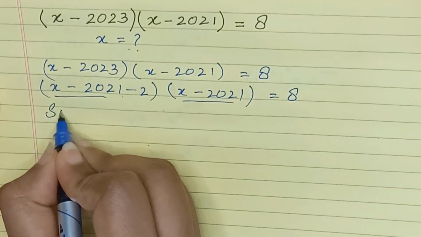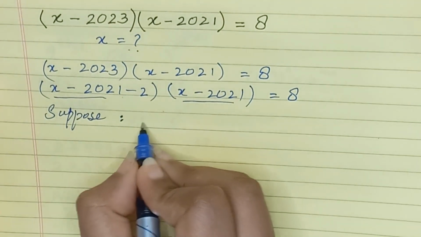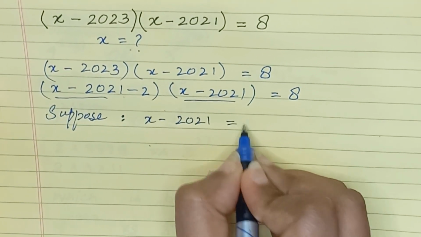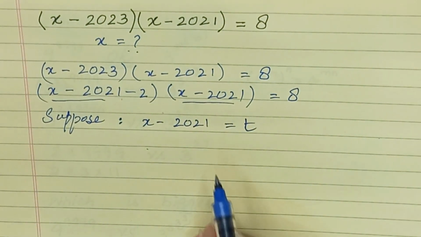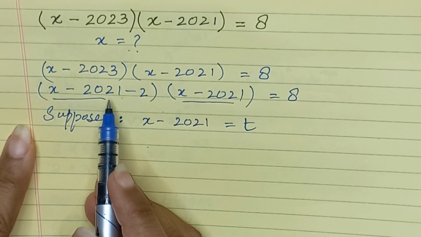So we will suppose that x minus 2021 is equal to t. We will substitute t in the place of x minus 2021.